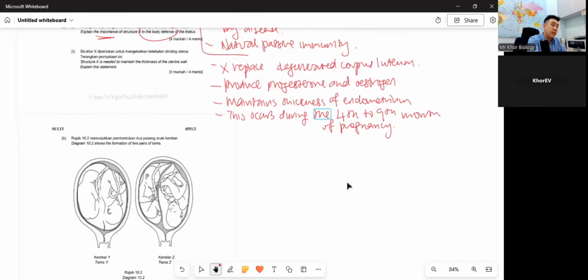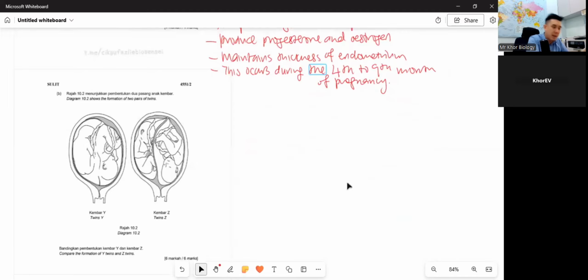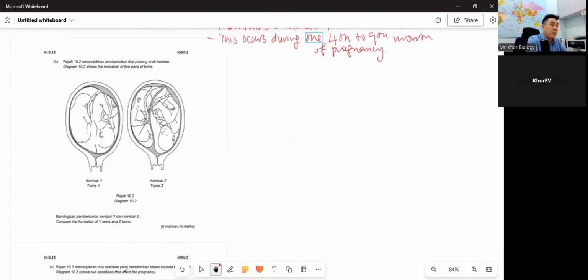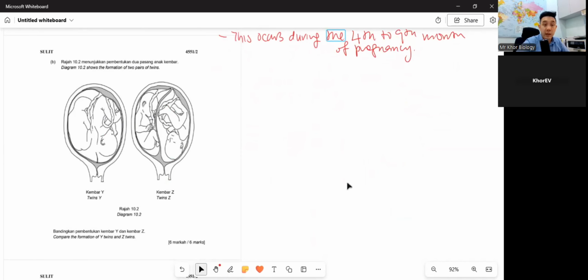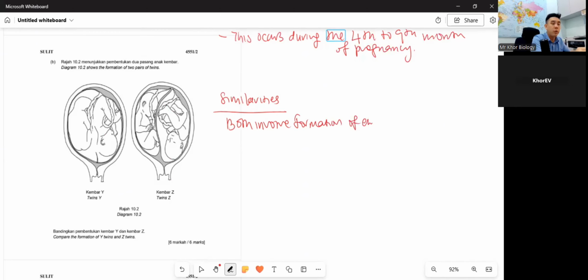Okay, next is to do with twins. Twins is quite important. They asked twins in 2024. Compare the formation. This is considered a very easy question. Compare means you have to give similarities. We give two similarities here. In terms of similarities, both involve formation of embryo.